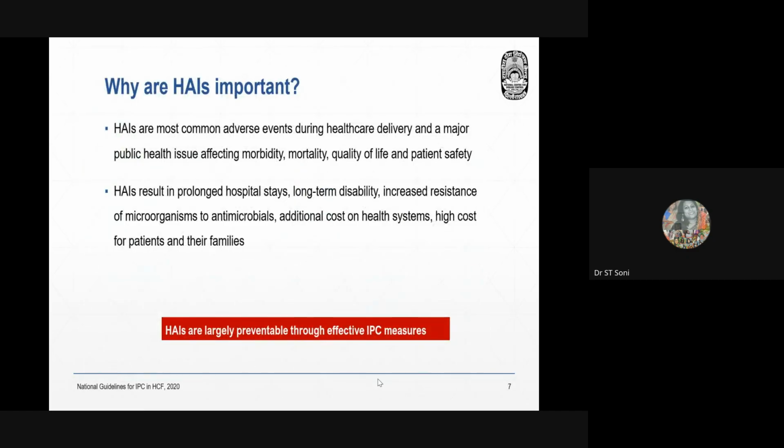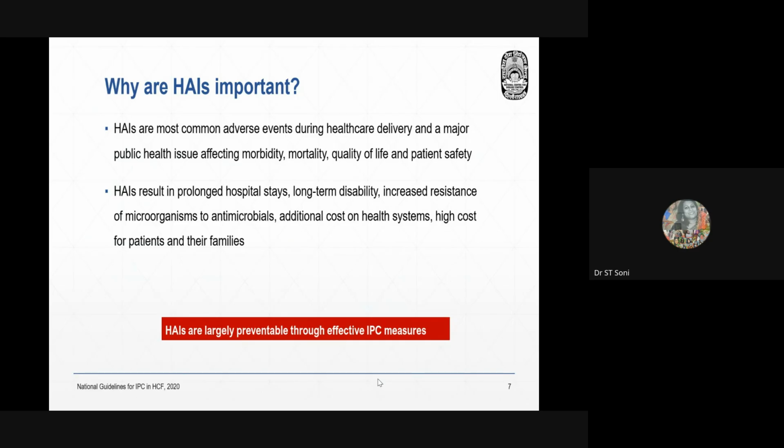HAI is important because it is considered one of the adverse events. If the HAI rates are high, it reflects on the reputation of the hospital. If the rates are high, it is not that we are achieving targets or goals.